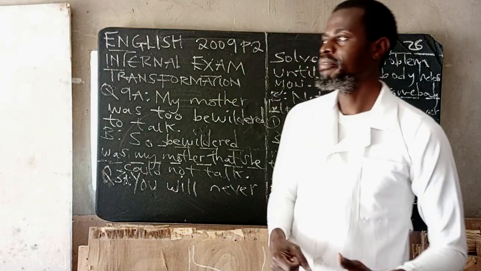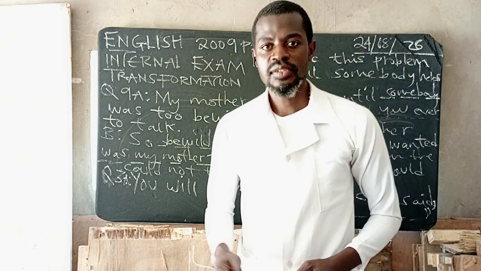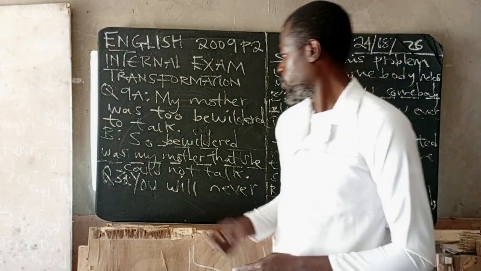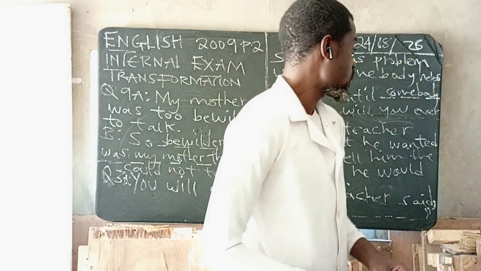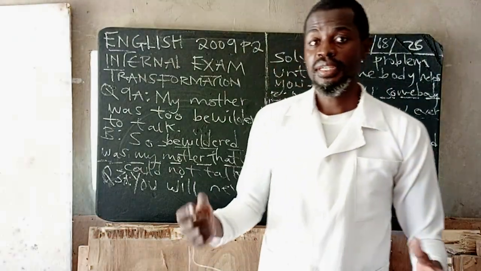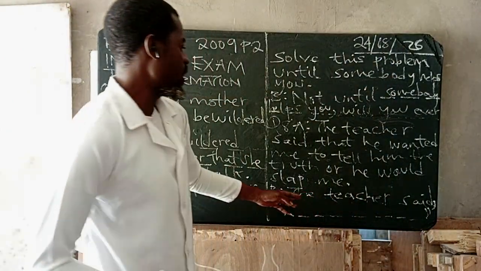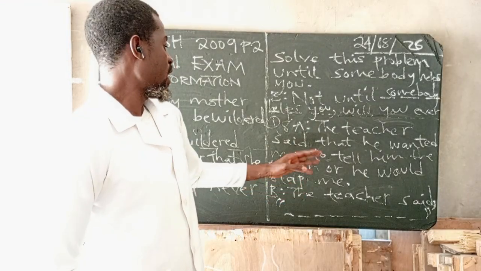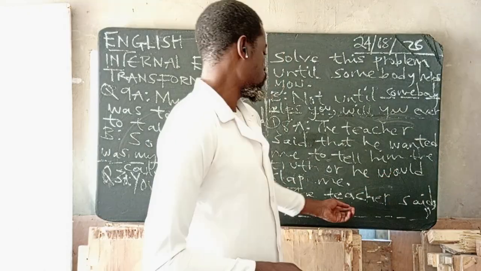You also have change of pronouns. Pronouns like I change to he or she, me changes to you, or you changes to him or her. So you see how we'll be changing. I've made a video on direct speech and indirect speech. You should look it up. So here the answer is, the teacher said, I want you to tell me the truth, or I will slap you. Have you seen that would in reported speech is will in direct speech?